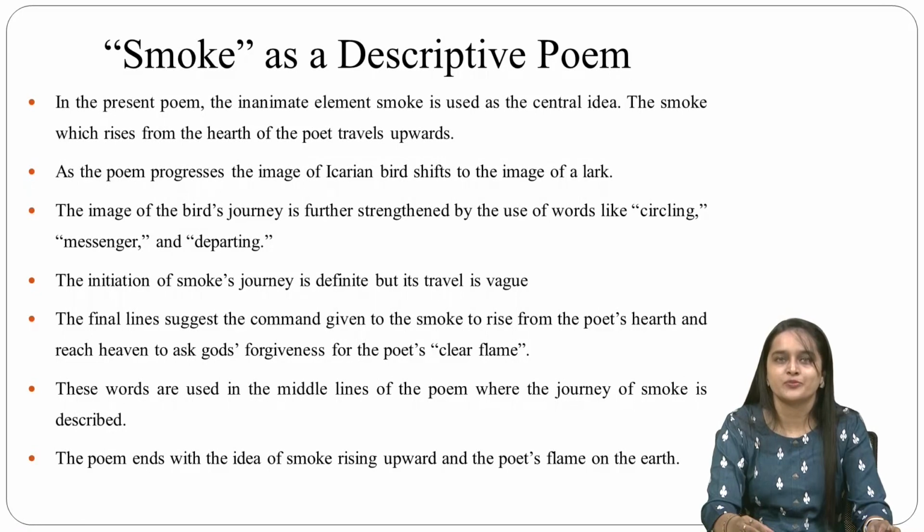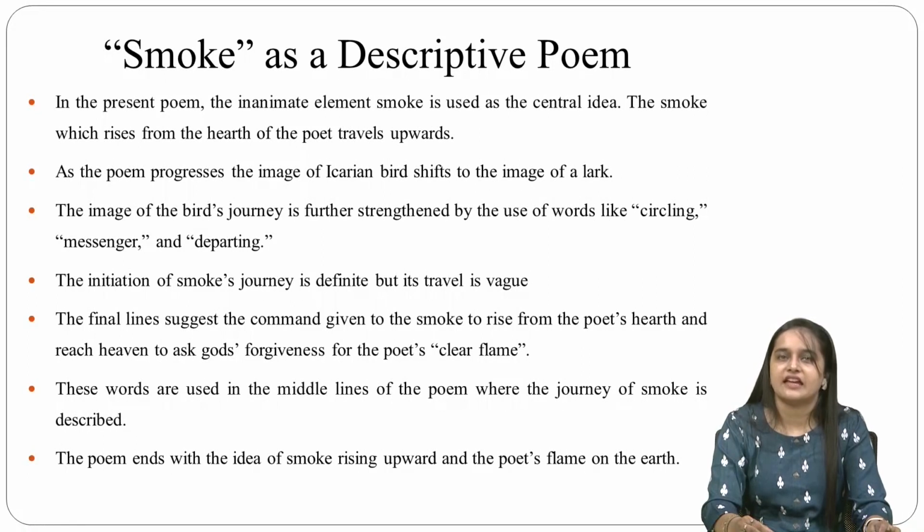The poem Smoke primarily deals with the object smoke, and it uses different symbols and imageries to create a picture of the journey of smoke towards the sky. The poem does not metaphorically stand for anything other than the smoke.